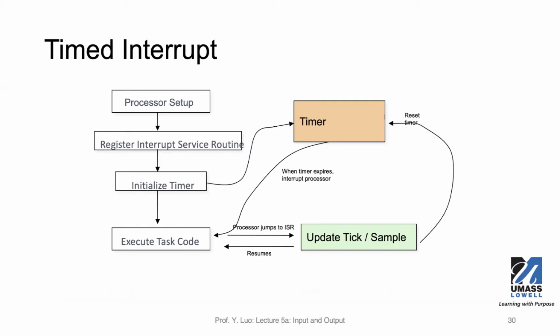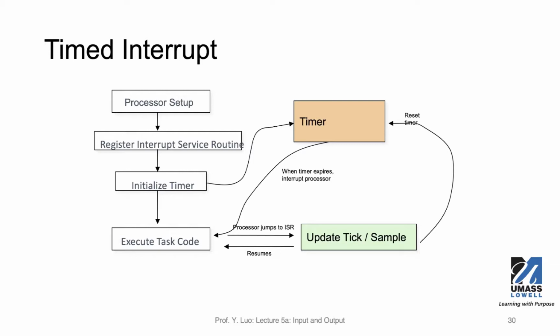Okay, so let's talk about one example of interrupts. Timed interrupt or timer. So what we see here is a typical way to use a timer or timed interrupt. On the left side, you see the procedures for the processor to set up such a timer interrupt.